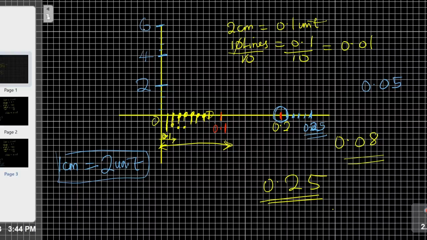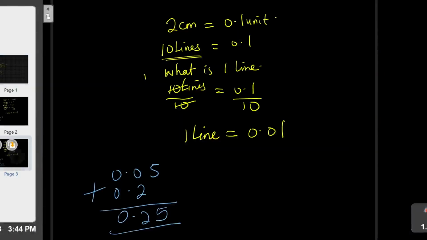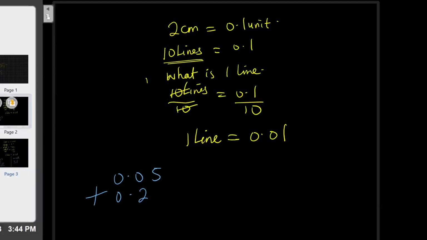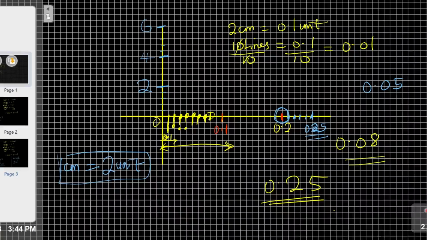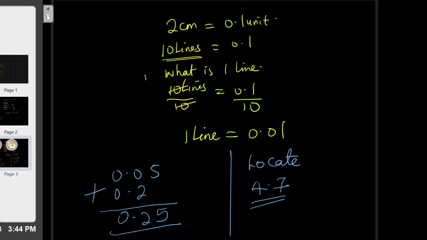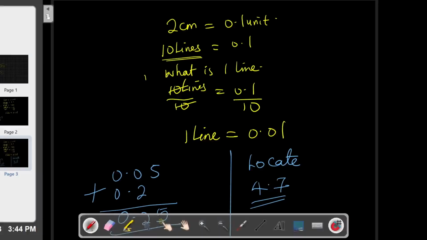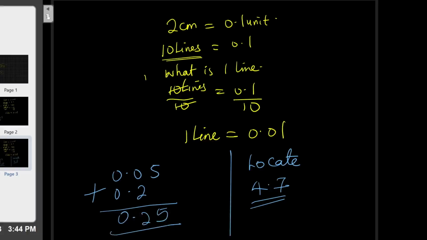Okay? Now, what if somebody asks you to locate, let's say, 4.7? What do you do? See what I'm going to do to locate 4.7. Remember, let's go back to that same thing I was doing.